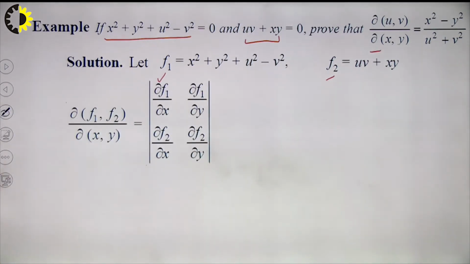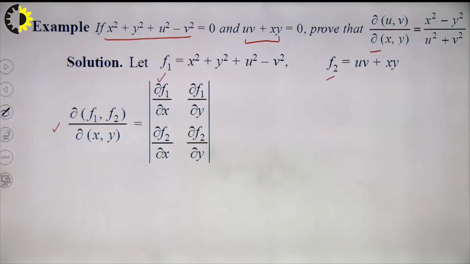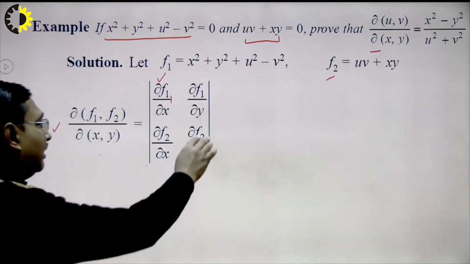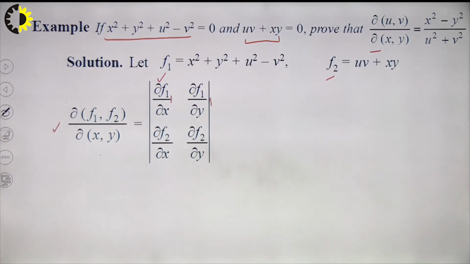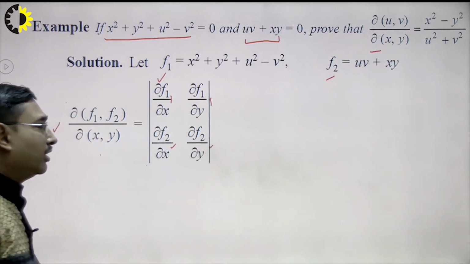For this I first calculate the Jacobian of f1 f2 with respect to x and y, which can be written as del f1 over del x, del f1 over del y, del f2 over del x, del f2 over del y.